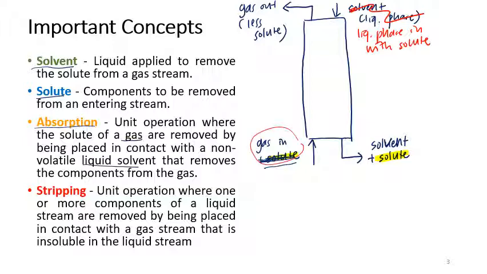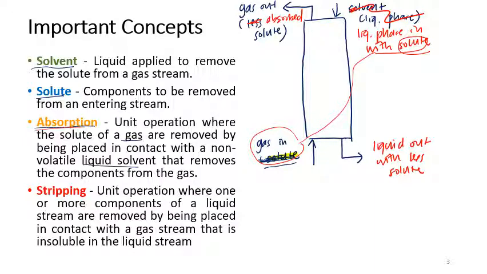So this gas will absorb the solute, and then the gas out will be with absorbed solute, and the liquid phase coming out from the tower would be the liquid out with less solute. So this is stripping. It's just a matter of where the solute transfers from: gas phase to liquid phase is absorption, liquid phase to gas phase is stripping.